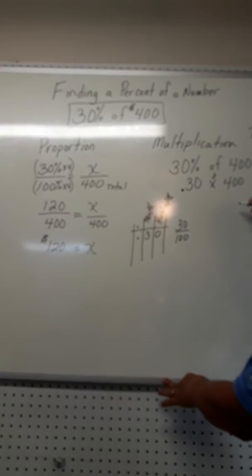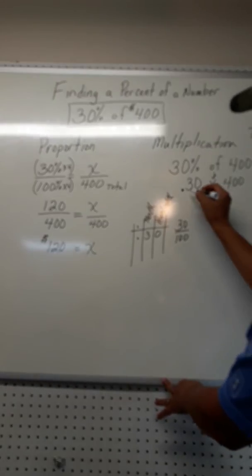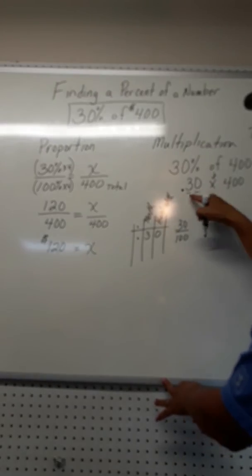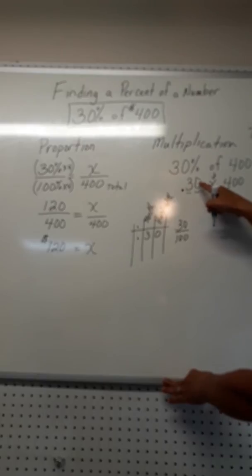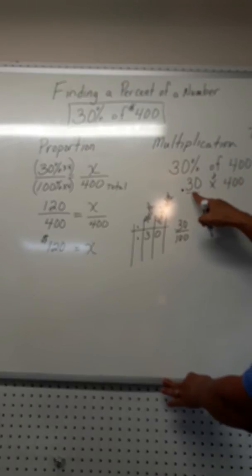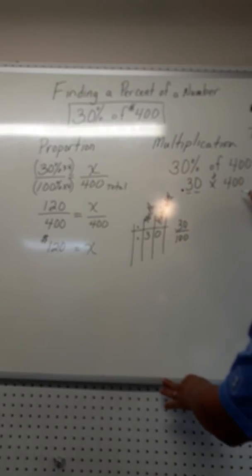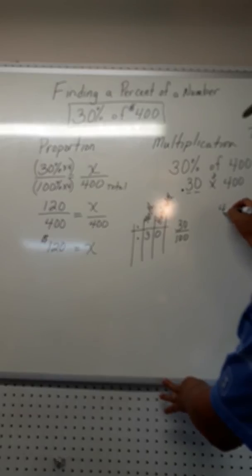Now, when we multiply with decimals, I account for how many digits are behind the decimal, and I know it's 2. So now I know that I can just strictly multiply this 400 with this 30, and I have how many trailing zeros. In long form, I can do this.